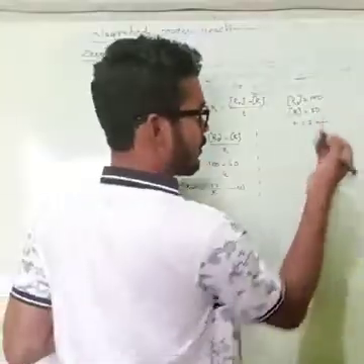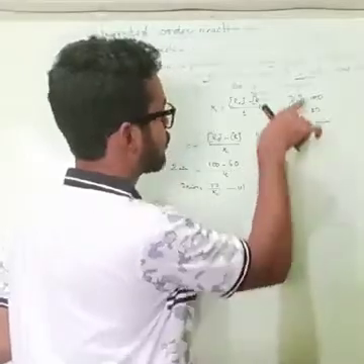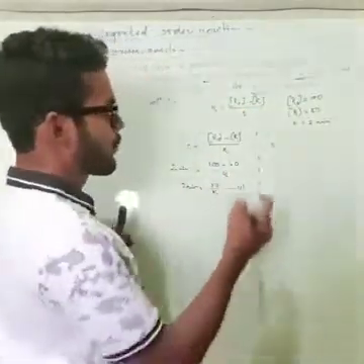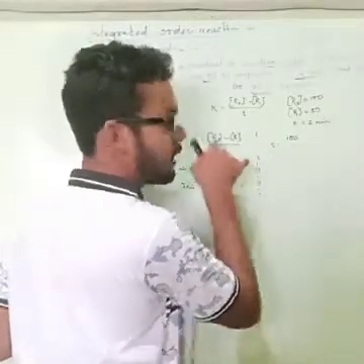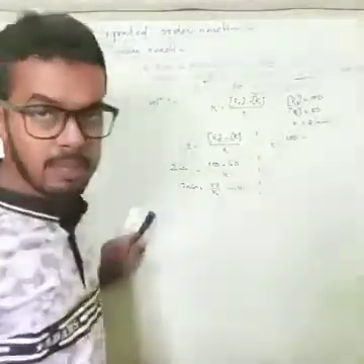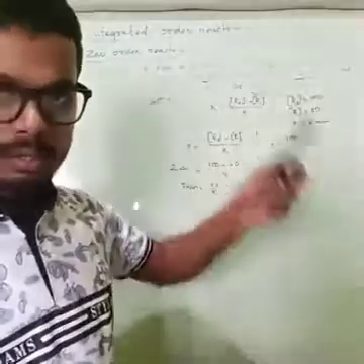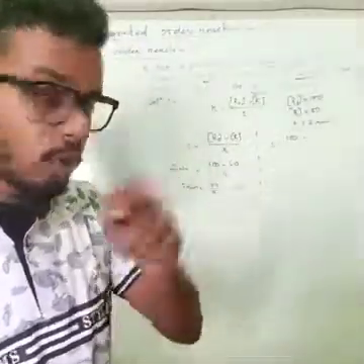So what will be the value for 75% completion? The time is not given here. t equals, same formula, R naught will be 100, initial always 100, minus the remaining. If 75% of the reaction is completed, remaining is 25%.